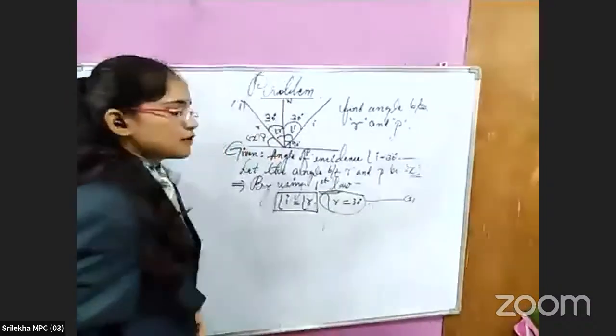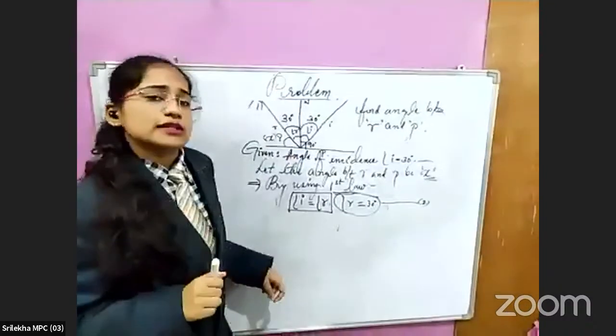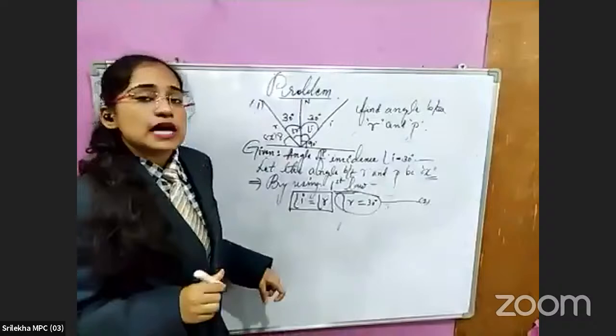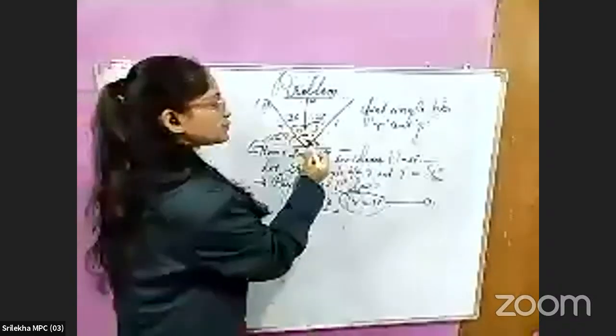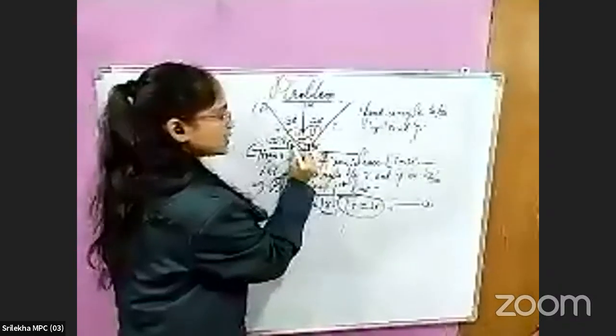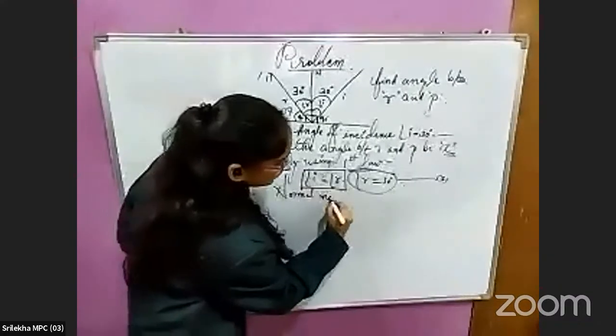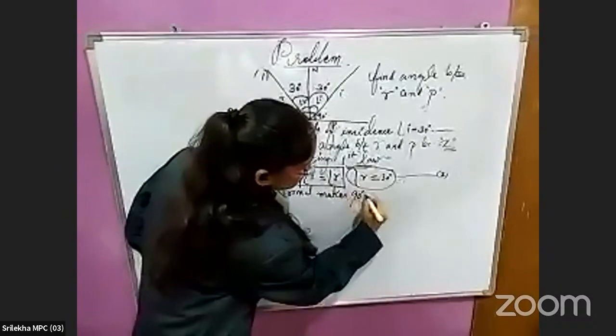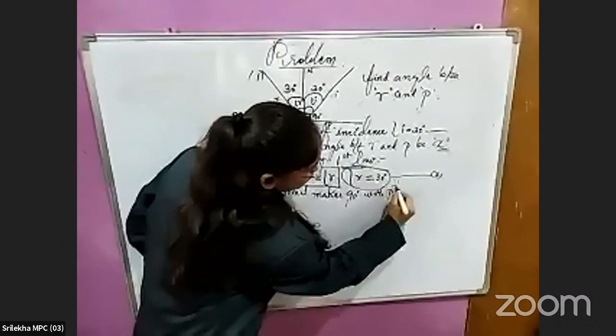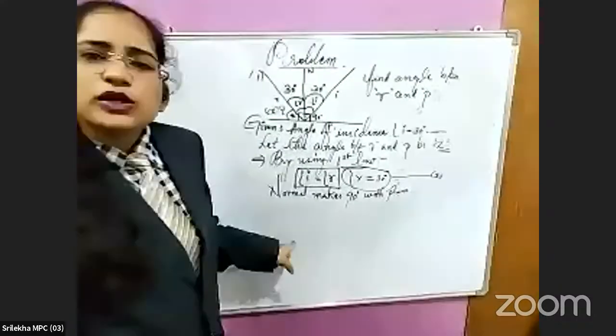Now, one more thing is, as I've mentioned to you, the normal is in place. The normal makes 90 degrees with the plane. So what can we conclude from here?